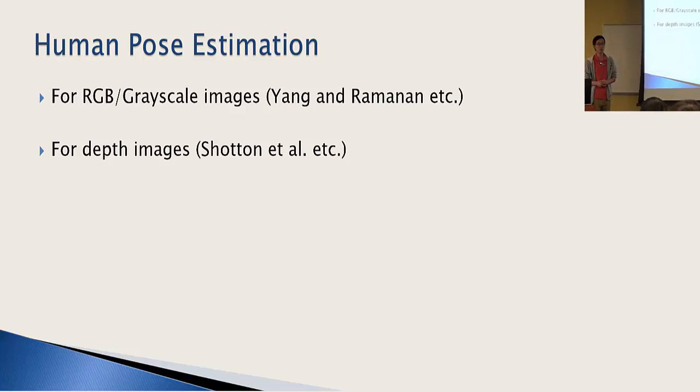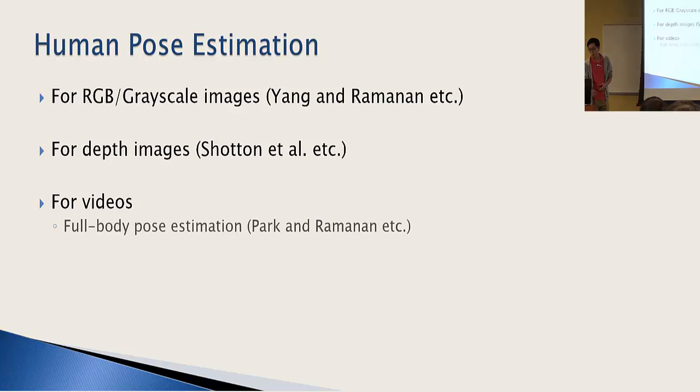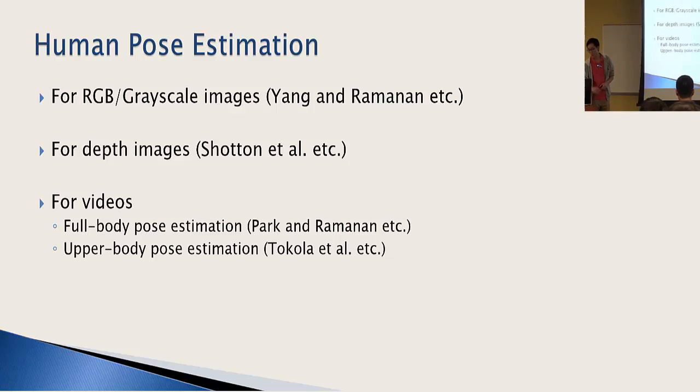For this, I think Microsoft Kinect is the best example. Another one is video-based human pose estimation. For video-based human pose estimation, there are two major problems. The first one is full body pose estimation, and the second one is upper body pose estimation.